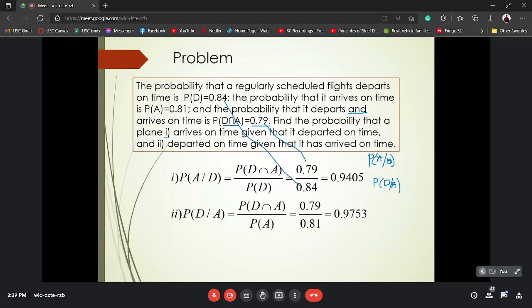The result is 0.9405. The probability of D given A is the probability of D intersection A divided by the probability of A, where the probability of A is 0.81. So the result is now 0.79 divided by 0.81, or 0.9753. So that's conditional probability.